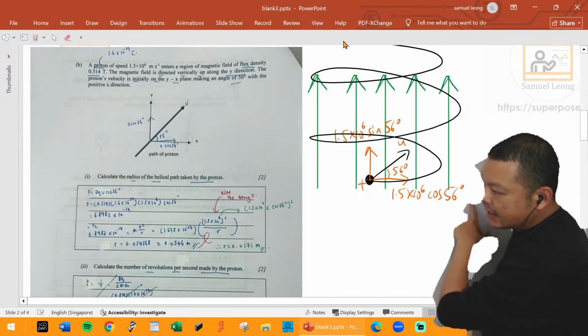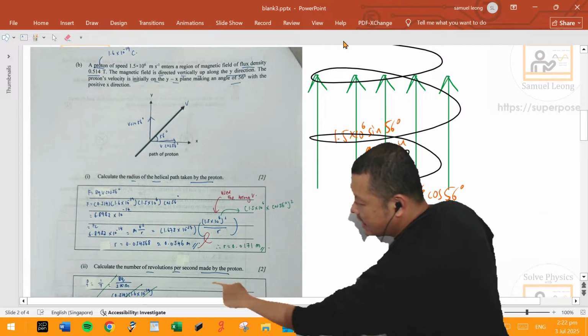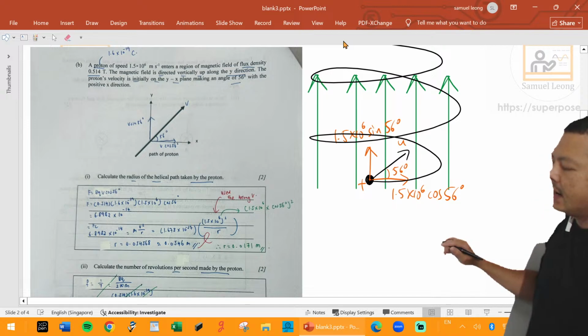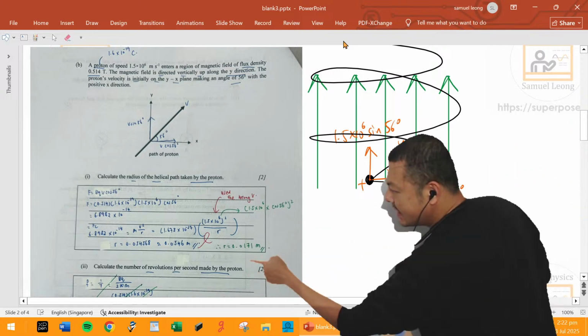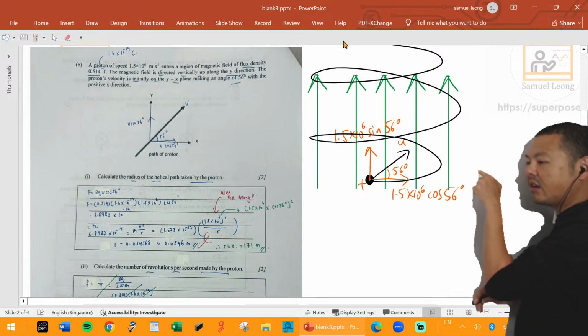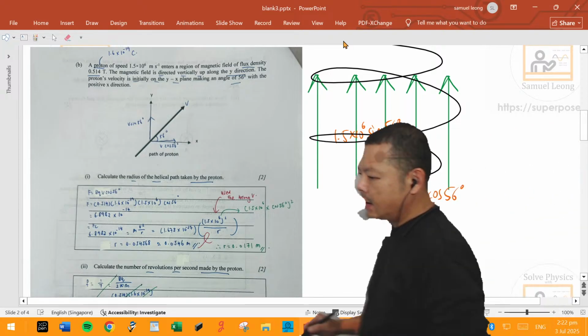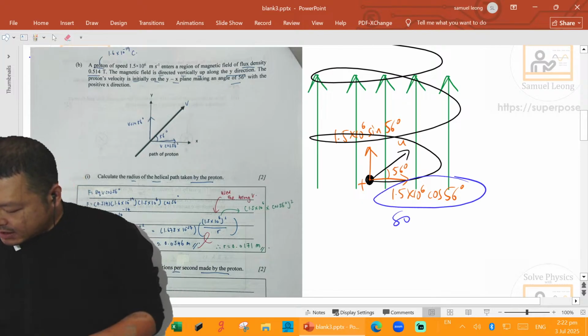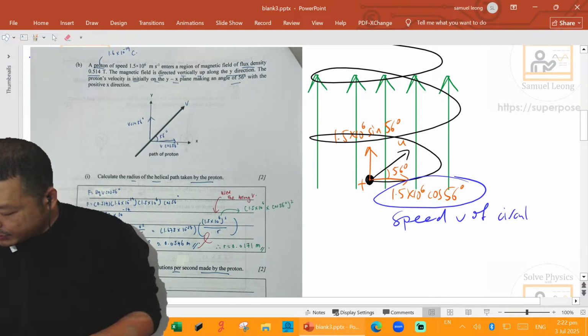But the thing is this. Then they ask you, what's the number of revolutions per second made by the proton? So to find this, you have to use this because this is your circular motion speed, so this is the speed v of circular motion.